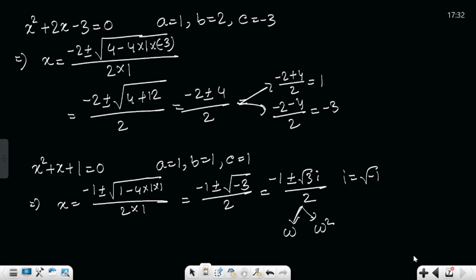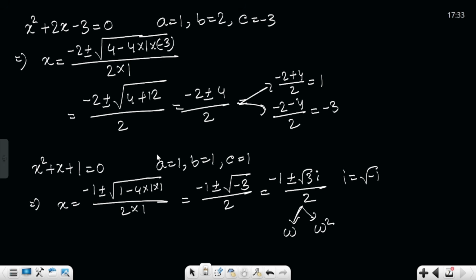So I hope you understood the use of this formula. What is the actual use? You can see that we got complex roots of this equation, which is not easy to derive using factorization.